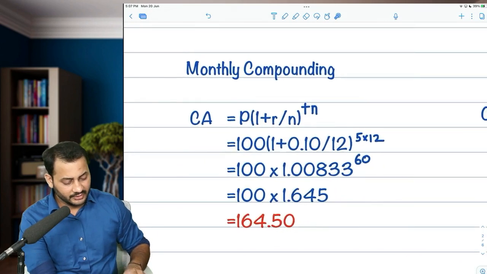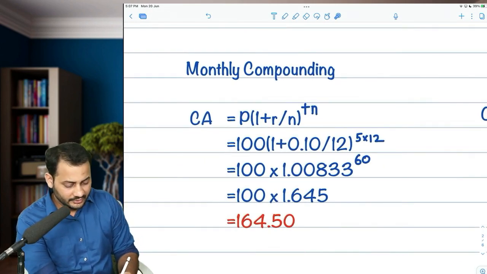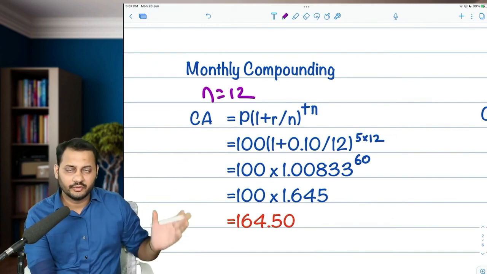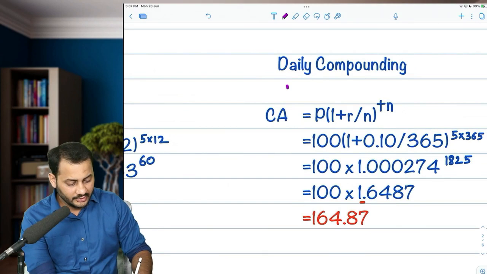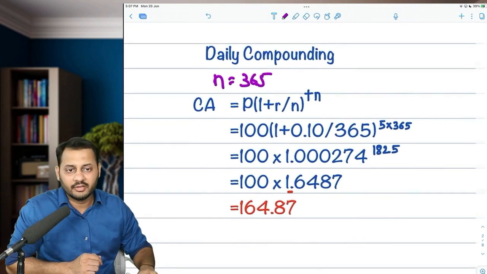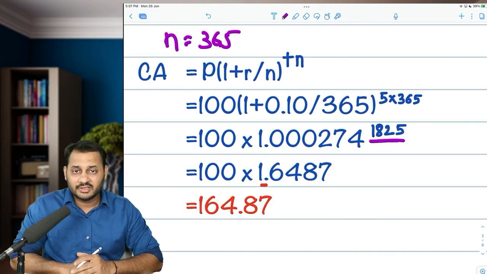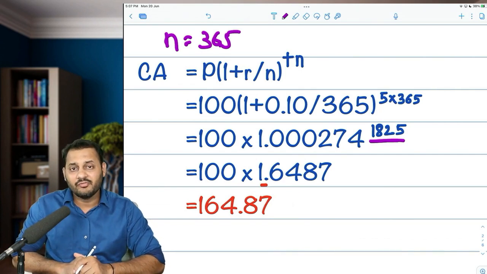You can do the monthly compounding also. At that time, how many months are there in a year? N will be 12. So you have to use it like this. You can do the daily compounding. How many days are there in a year? 365. Now it will be very difficult for you to press the equals button 1824 times.